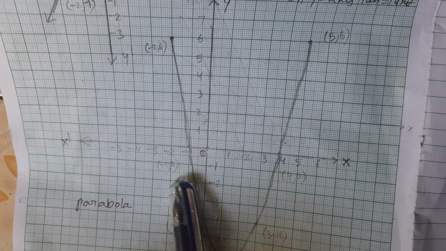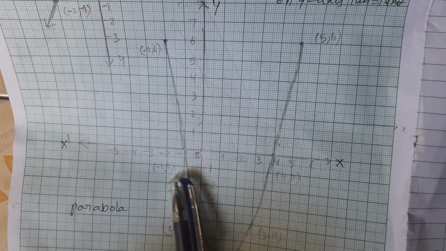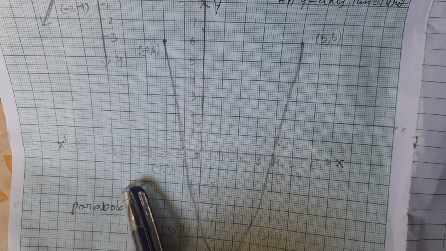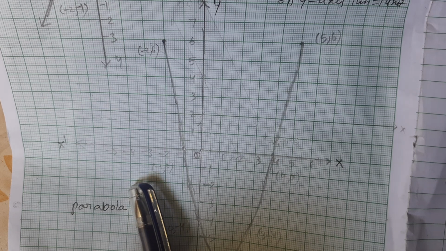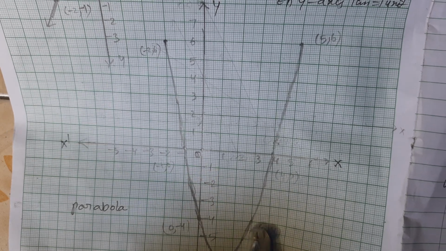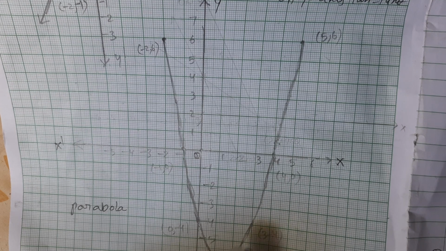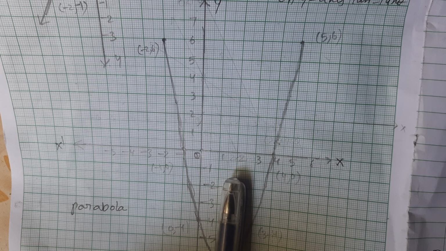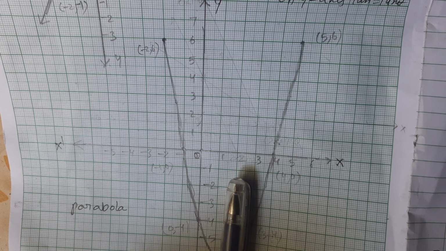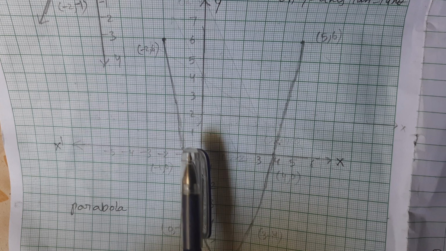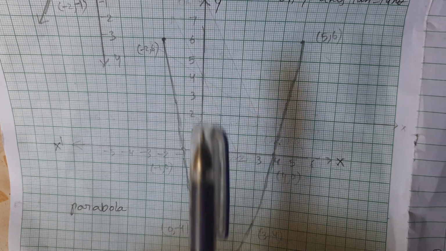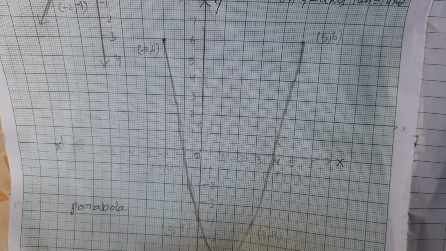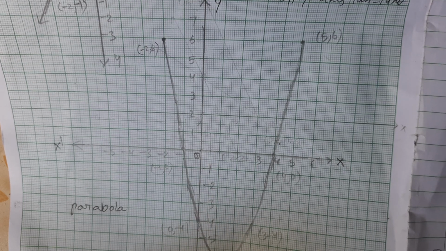Here I have drawn with pencil, that's why it may not appear clearly, but you should draw in the examination only with pencil. I have drawn the parabola in a blur line, that's why it is appearing clearly, but the numbers I did not write that dark, so they seem light. Upside 1 2 3 4 up to 7 you can write, downside according to your number you can write, 1, 2, minus 1, minus 2, minus 3, minus 4, minus 5, minus 6, I wrote.